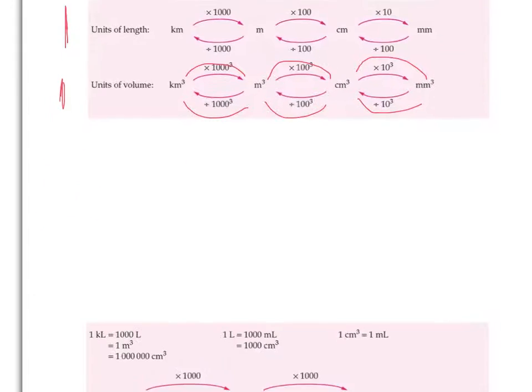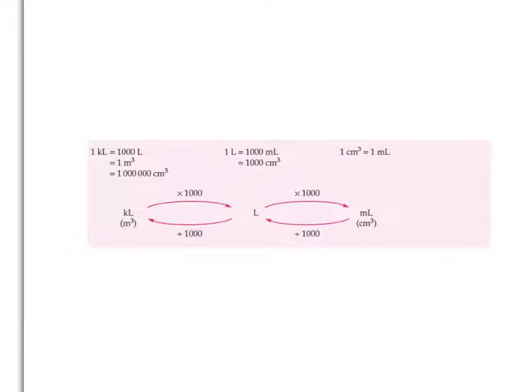Okay, so now another one that you've got to remember, and it's quite interesting actually, is that 1 centimeter cubed is equal to 1 milliliter. Okay, and if you've got a liter, which is 1,000 milliliters, you've got 1,000 centimeters cubed.